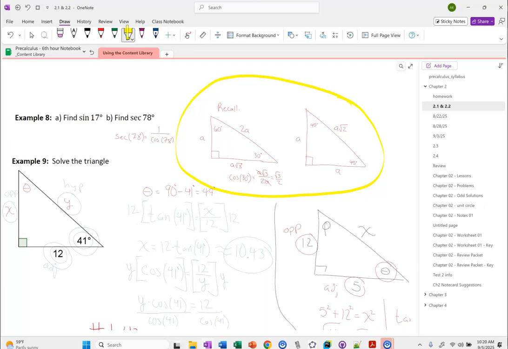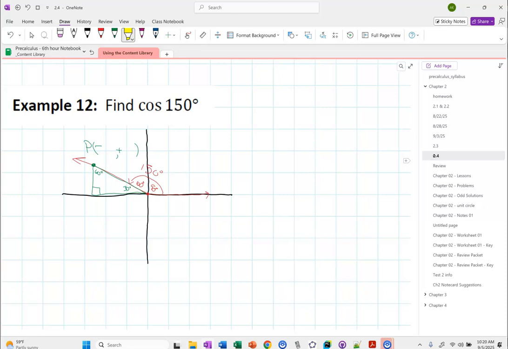The short side is A, the medium side is A times root 3, and the long side is 2A. So I'm going to use that right now again. So the short side is A, the medium side is A root 3, and the long side is 2A.